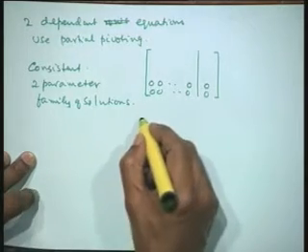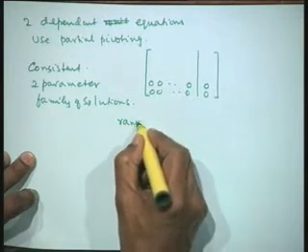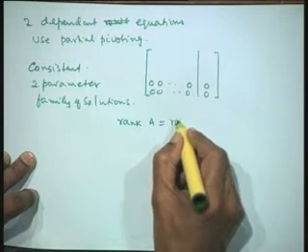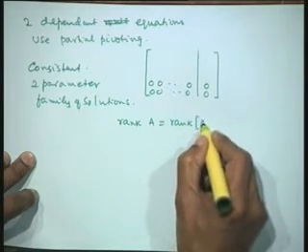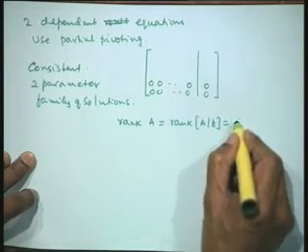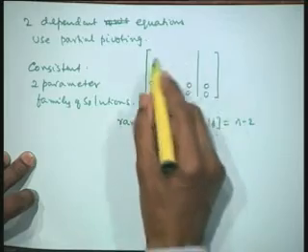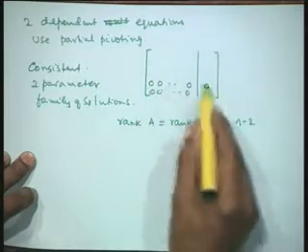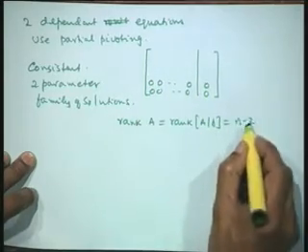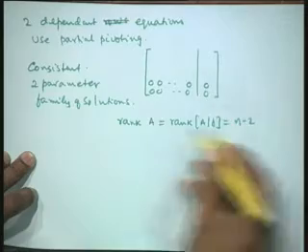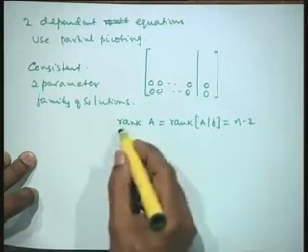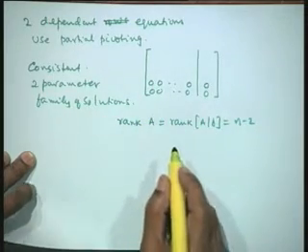Now you can see in this case, as we are saying, rank of A is equal to rank of the augmented matrix AB, which is equal to n minus 2. The rank will be n minus 2 and there are zeros. Therefore I have n minus 2, that is a 2 parameter family of infinite solutions that we have got here.